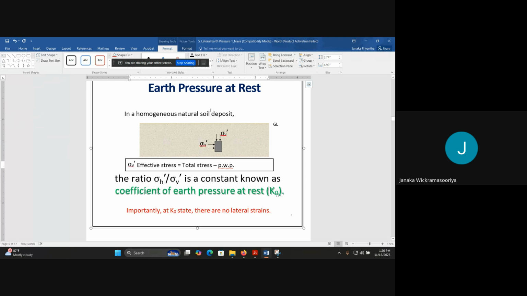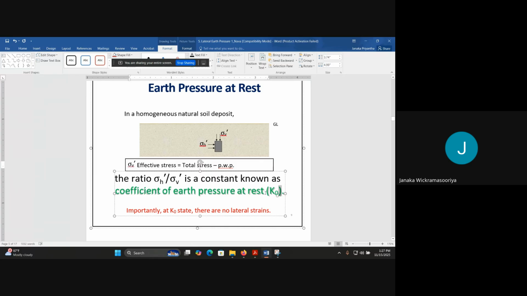And what this theory says is that the ratio sigma dash h divided by sigma dash v, where sigma dash v is the vertical effective stress and sigma dash h is the horizontal effective stress, is a constant.